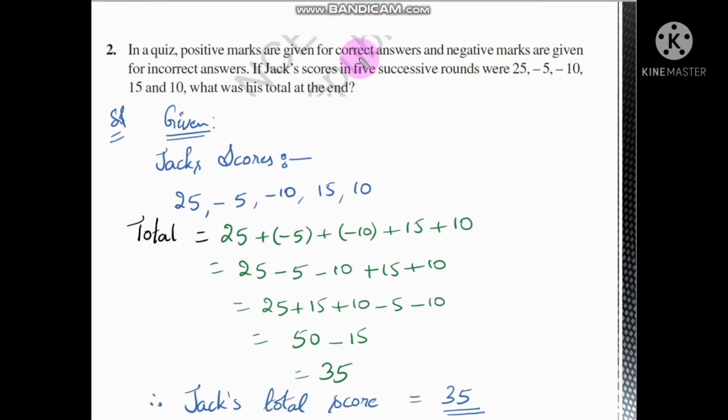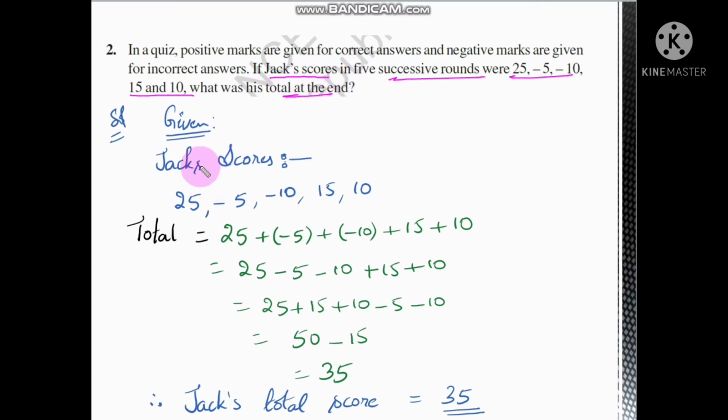For a correct answer we get positive marks and for an incorrect answer we get negative marks. So here are Jack's scores for 5 successive rounds. What was his total at the end?